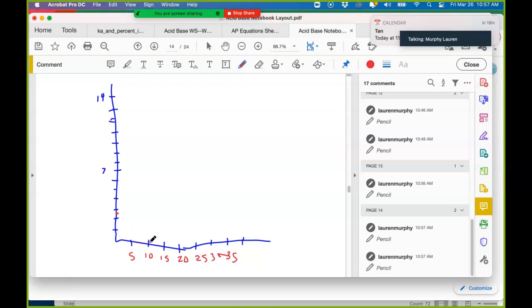And at 10 milliliters, it was like 4.5-ish. And then 12.5 was the next one I did because that was the half equivalence point. And that only went up to like 4.7-ish. And then the equivalence point was 25, and that was at 8 something. And then the last one I did was 35, and that was like 12 something.